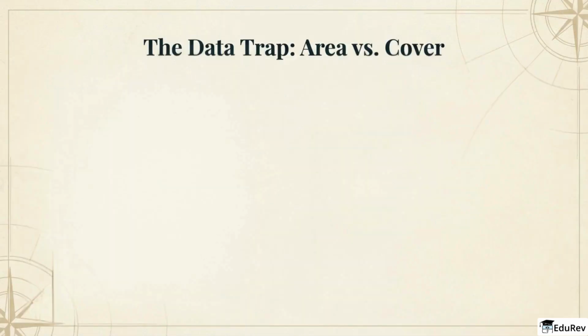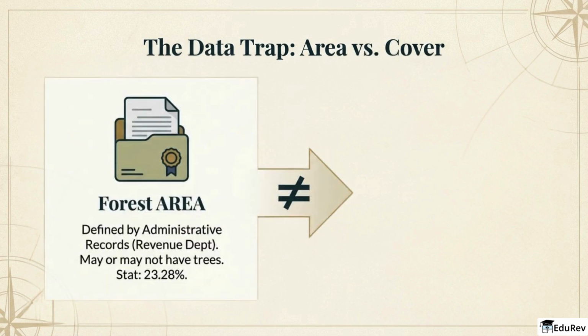Let's shift from forest types to a data distinction that trips up a lot of serious aspirants. Forest area is not the same as forest cover. Forest area is defined by administrative records, usually revenue records. It may or may not actually have trees on the ground. The number given here is 23.28%.